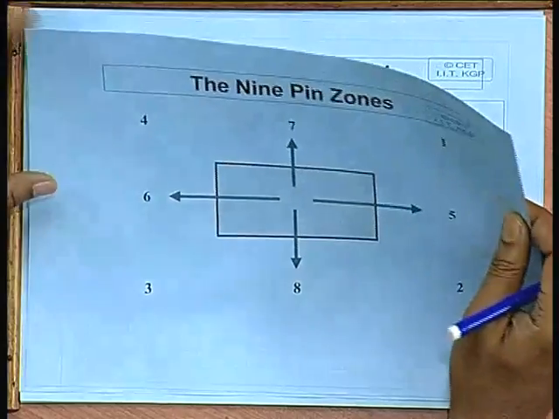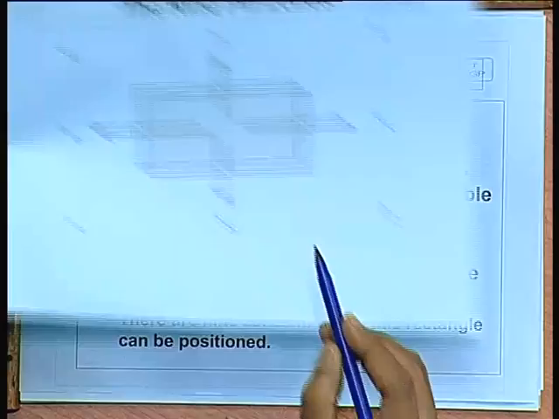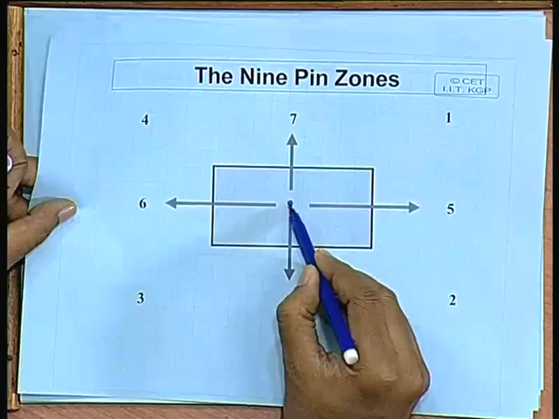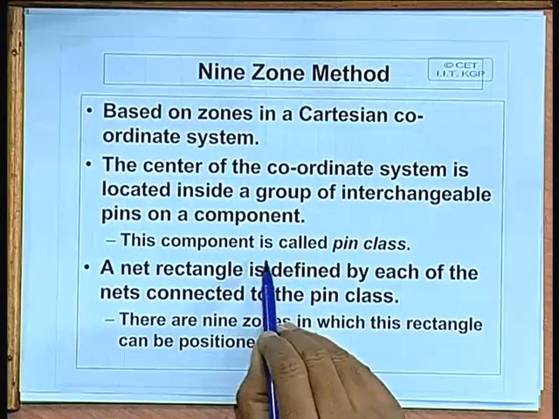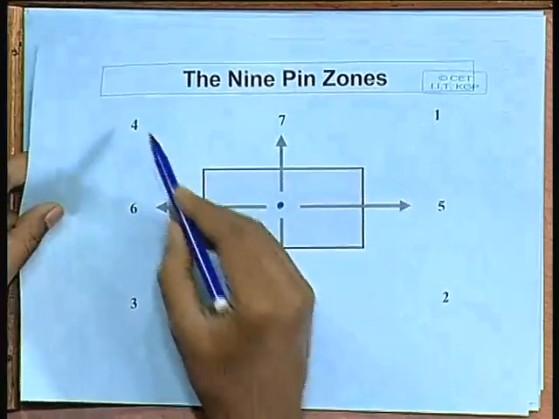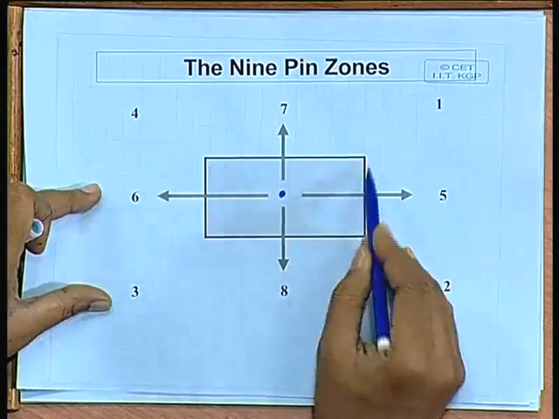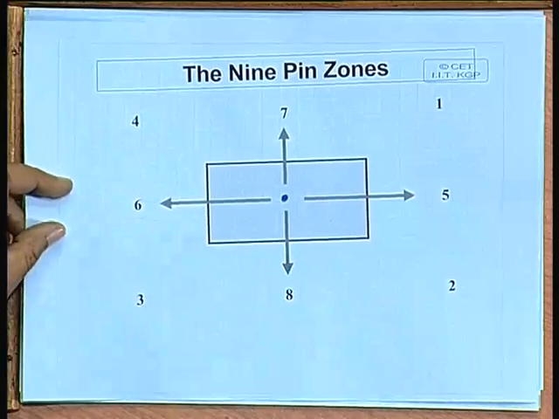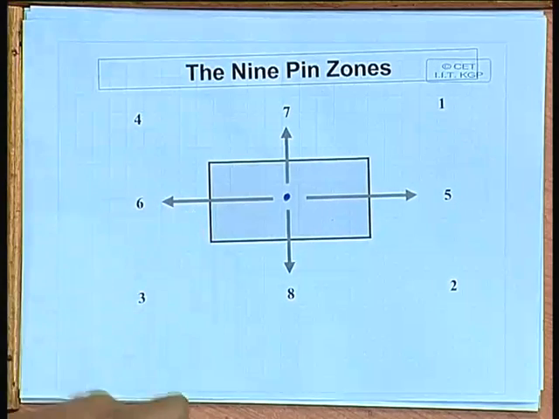Now, what we do is that for each net, the center of the coordinate system is here. This is the center of the coordinate system. This component is called the pin class. The central block which you are choosing is called the pin class. Now, the concept is like this. You take one net at a time.